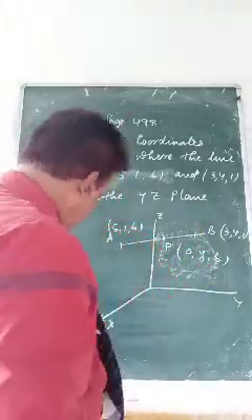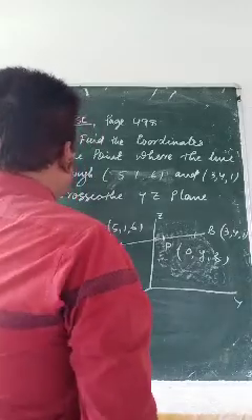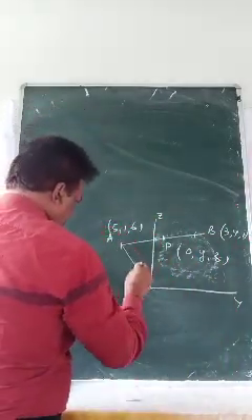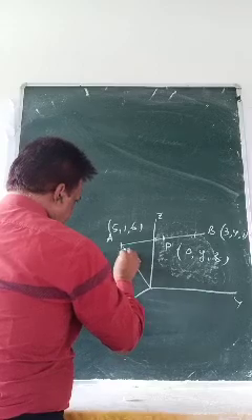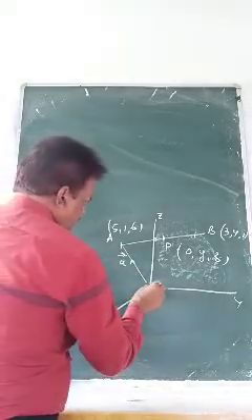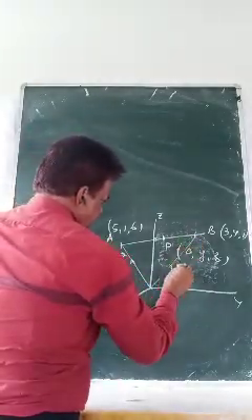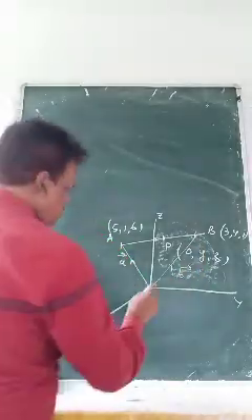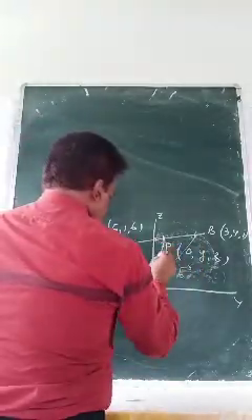Okay, two points formula, remember. What is A vector here? If I join this, this is A vector, this is your B vector, this is your R vector.